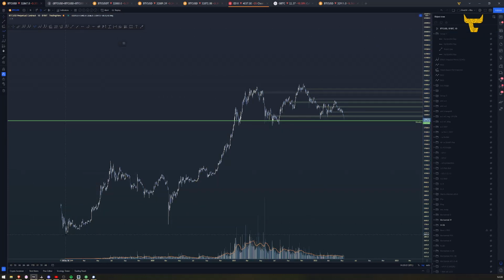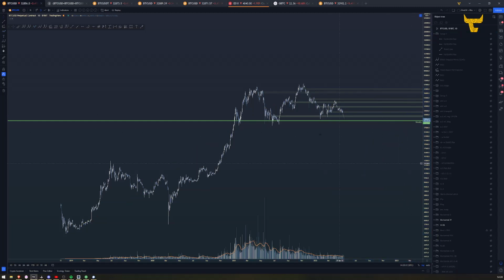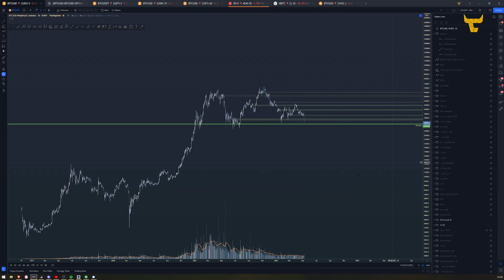But in the case we have 5 waves finished, that's a case where we could see a 1, 2, 3, 4, 5 and something that will make a longer bear market and retest the lower volume support. I say it's not impossible.